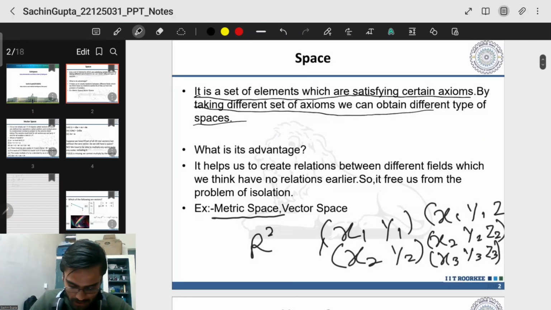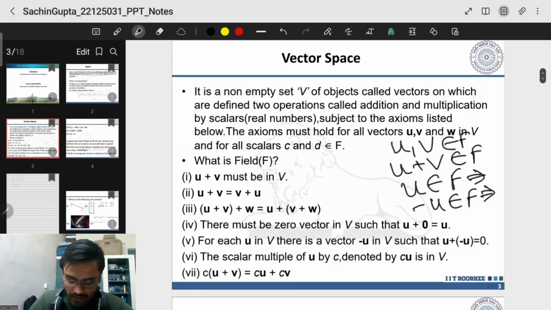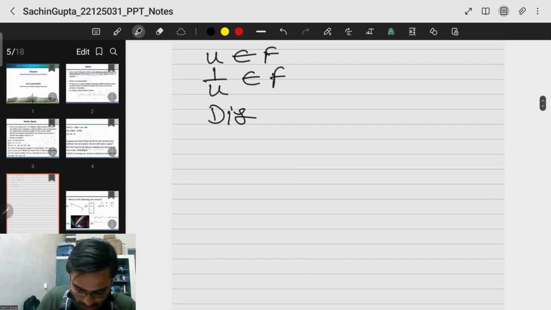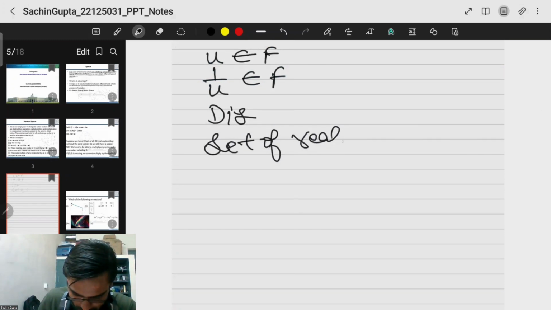These are the properties followed by fields, and the scalars should belong to the field. The field can be the set of real numbers or complex numbers.